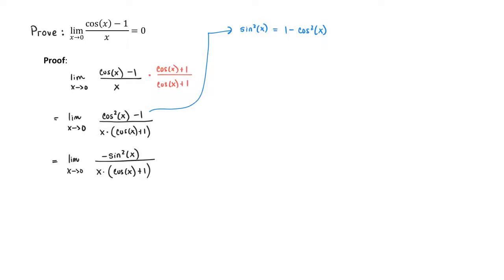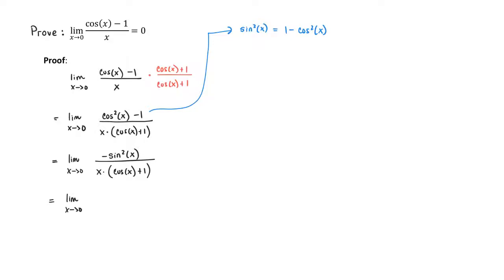So how do we continue? The way that we're going to continue is by separating some of these components out. We're not changing the expression. We are just going to reorganize this expression right here. Pay careful attention. Since I have sine squared x, I am going to rewrite this as sine x times sine x.